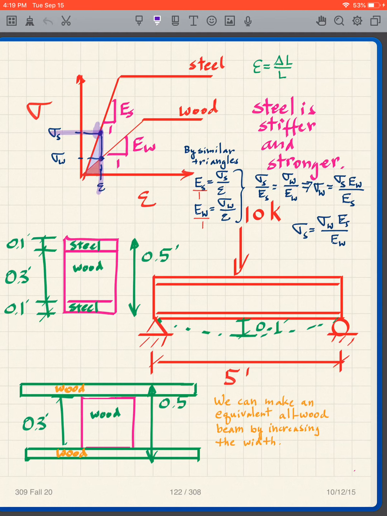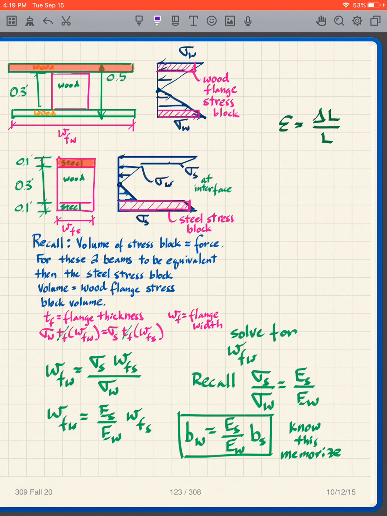That particular difference is reflected in this stress diagram. So it no longer looks like that simple one there because I have mixed materials. But if this is to be the same as this, what's got to be true? The force here has got to be equal to the force here.